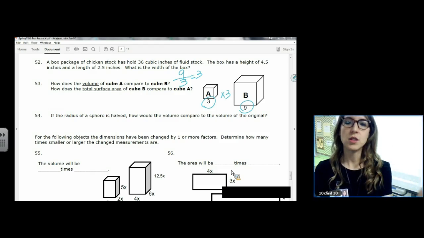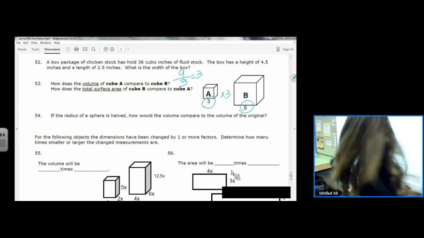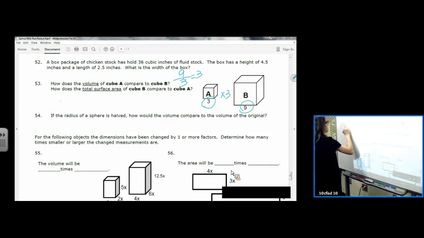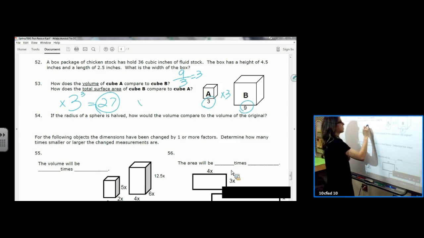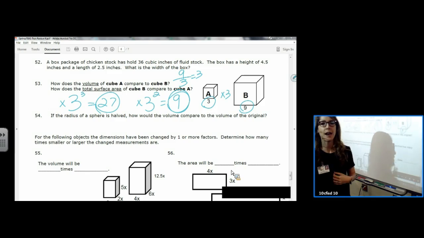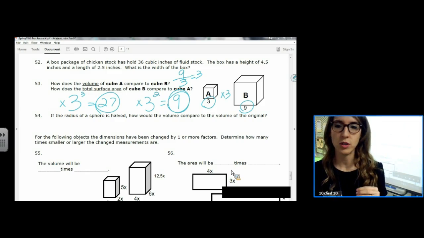Now here's where we do the 1D, 2D, 3D thing. Am I going to find the volume? No, I'm not. If the scale factor is 3, then the volume is 27 times bigger. If the scale factor is 3, then the surface area is 9 times bigger. I didn't find the volume. I didn't find the surface area. I used proportional.